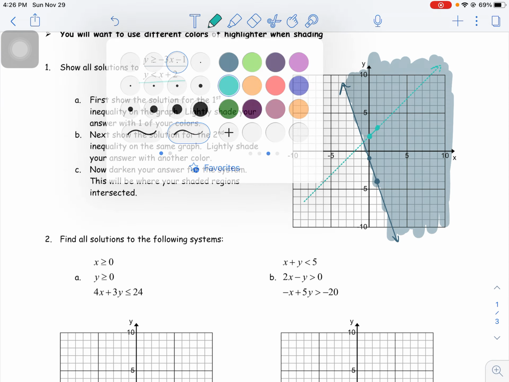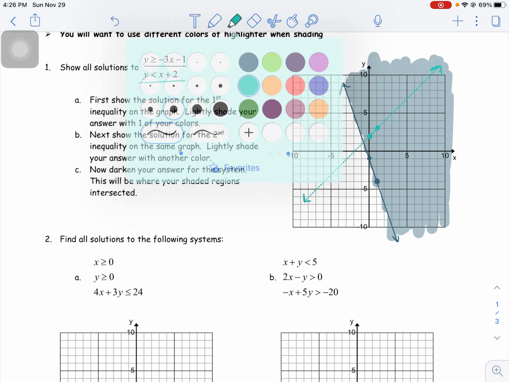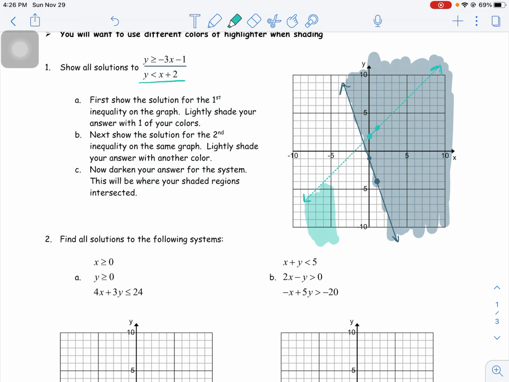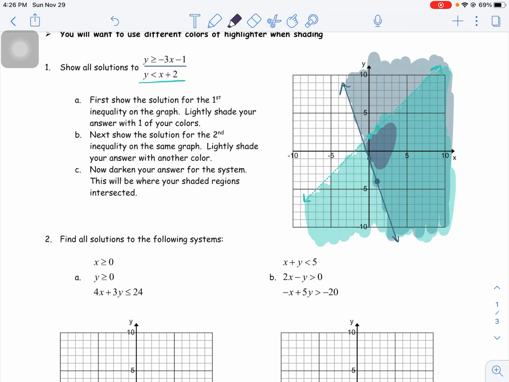All right. So then when we do this, it's saying y is less than that line, so then I'm going to shade all of the values below this line on the graph. So we're shading everything below the line. All right, and then our answer to this question is the intersected area.